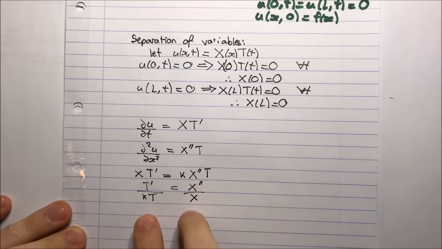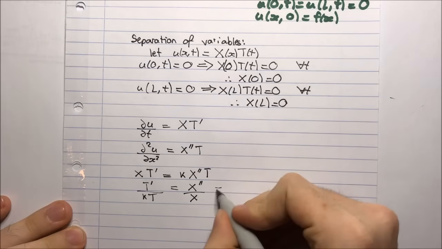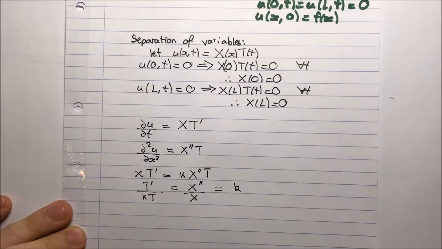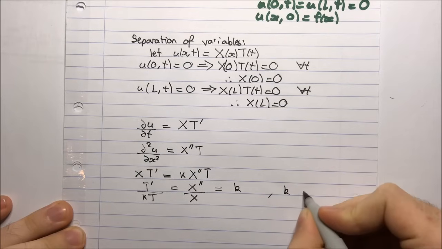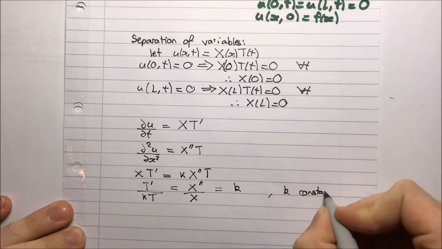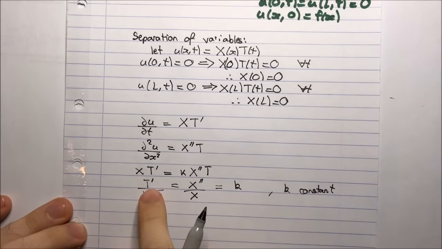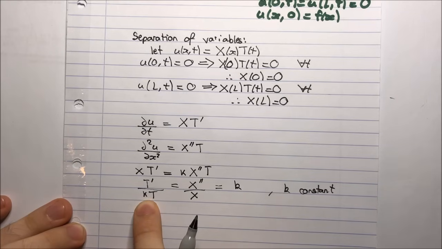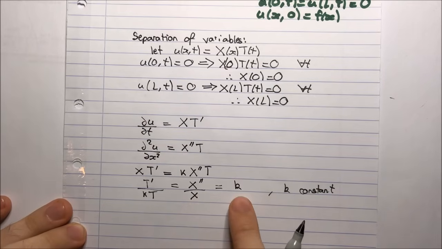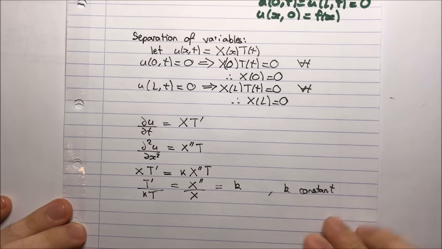So the only way that that can be is if this is equal to some constant I'll call k. And k is a constant. Let's just write that down. So once again, something that's completely dependent on the variable t is equal to something that's completely dependent on the variable x, and the only way that that can happen is if both are equal to a constant.